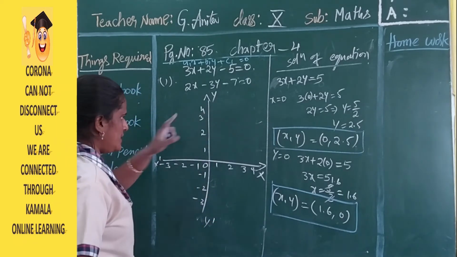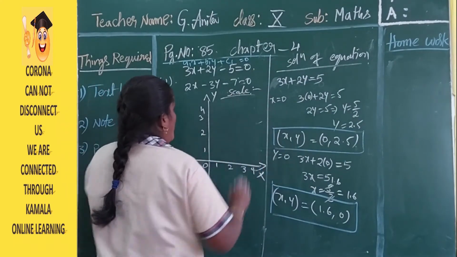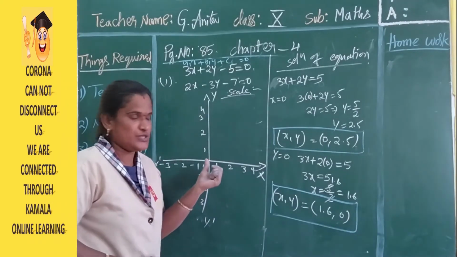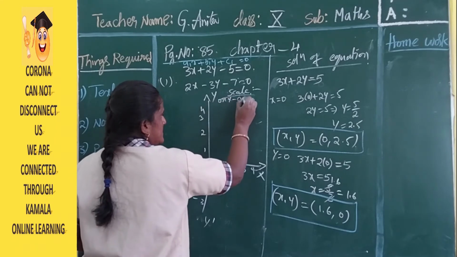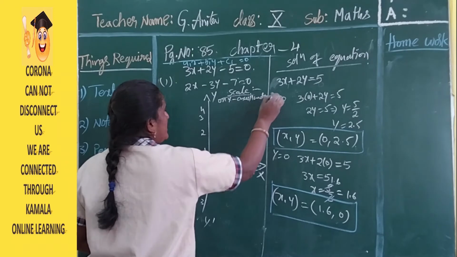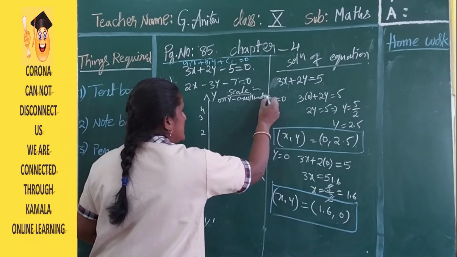In this, the scale is most important. You can write the scale also. On the x-axis, 1 unit is equal to how many centimeters are we choosing? 1 unit is equal to 1 centimeter.